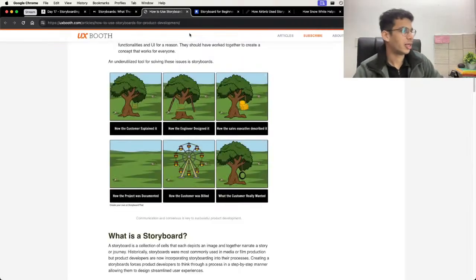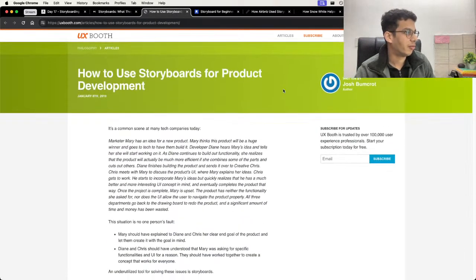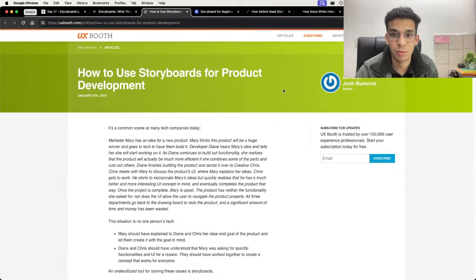And there are also other resources that you can look at where we talk about how to use storyboards for product development.